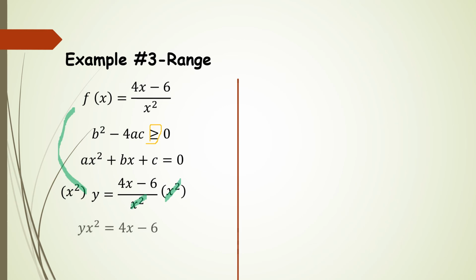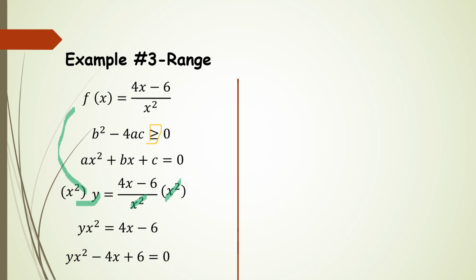So, ang matitira ay, we have yx squared, multiplying y and x squared, is equal to 4x minus 6. Equate natin sa 0, we will get yx squared minus 4x plus 6.